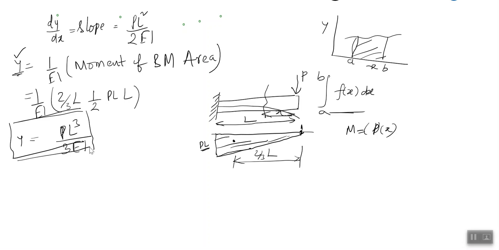Now using the same method, let us try to find out the slope and deflection for a simply supported beam. Let us take any simply supported beam, something like this. Here at this end we have a hinged support, and here we have a roller support.